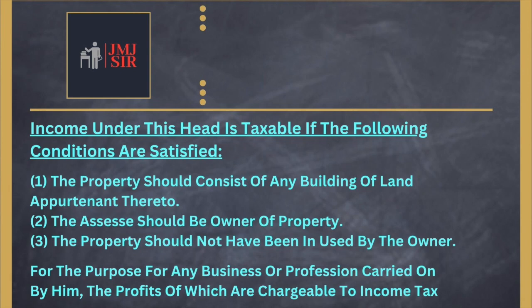Income under this head is to be considered taxable if these conditions are satisfied. Number one, the property should consist of any building or land appertaining thereto, meaning even the open land attached with the building is considered as part of the house property or building.